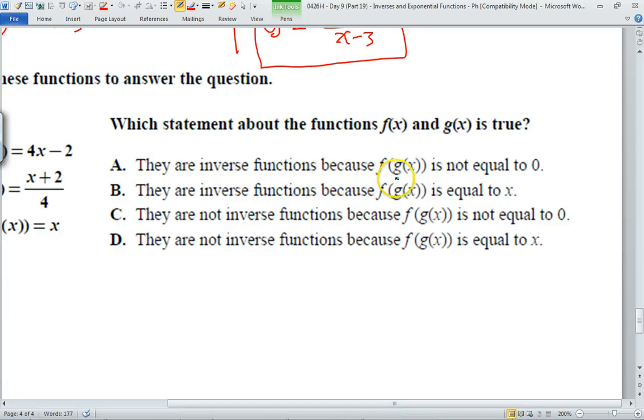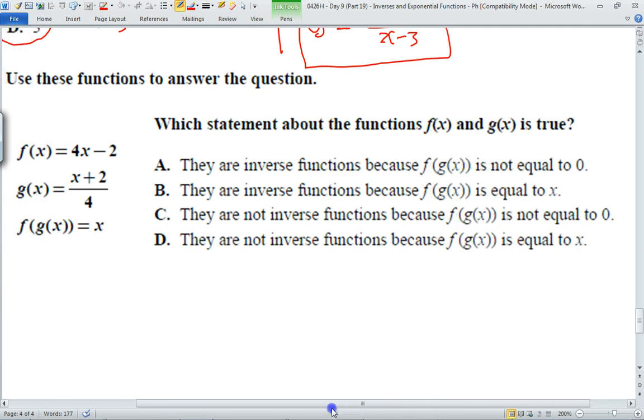They're inverses because it's not equal to 0? No. Inverses because F at G is equal to X? Yeah, that's it. The other two are saying they're not inverses. So the answer is B, based on this being true. Now let's check it and make sure it's true, but it's looking like the answer is B.